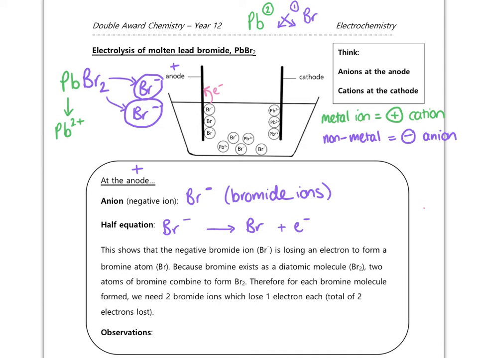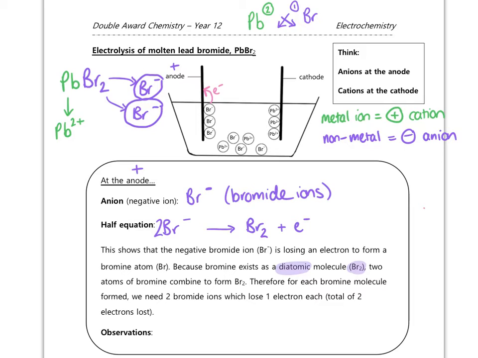But what we know about bromine is that it is diatomic. Bromine exists as diatomic molecules, so it has the formula Br2. It can't exist just as a single atom. So I need to put a 2 here in my bromine. What does that mean about my bromide ions in this equation? Well, it means I'm going to need 2 of them because remember the atoms must be balanced.